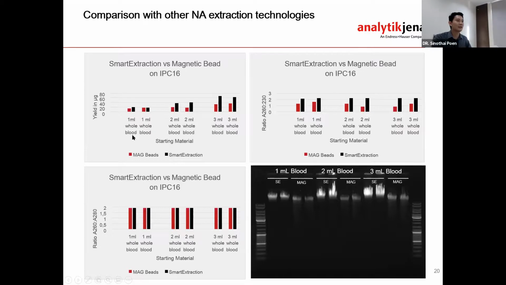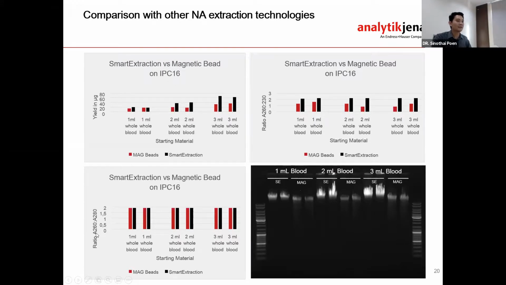We can see that using 1 mL whole blood as starting material, we have quite comparable yield of DNA between two technologies. However, at 2 and 3 mL of whole blood as starting material, smart extraction gives increasing yield proportional to increasing volume of starting material, suggesting that the material has a higher binding capacity.